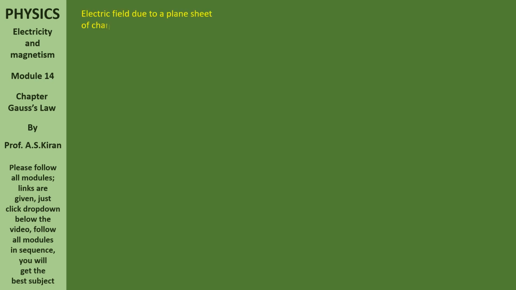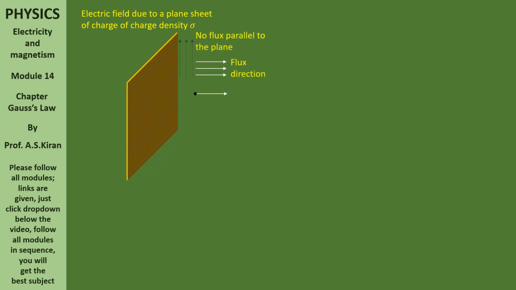That is, electric field due to a plane sheet of charge density sigma. Here you will find a charged sheet. Yes, there is a charged sheet. Just adjacent to that, let us consider a point. At that point, how much is the electric field?